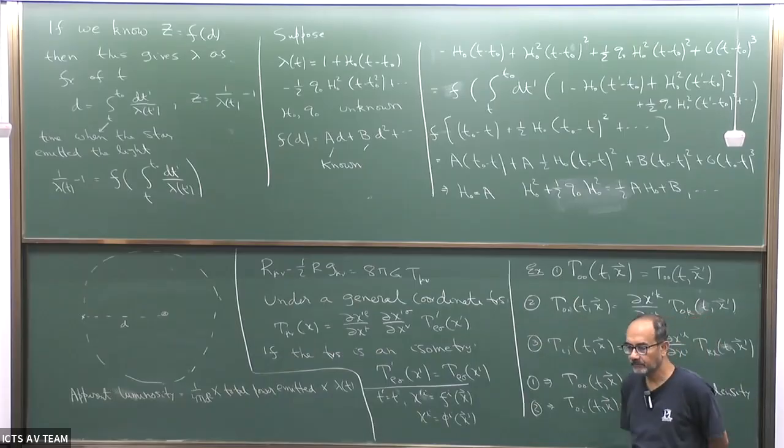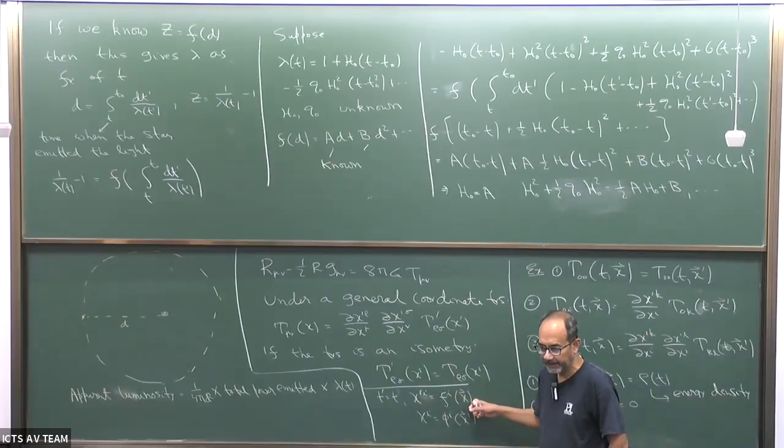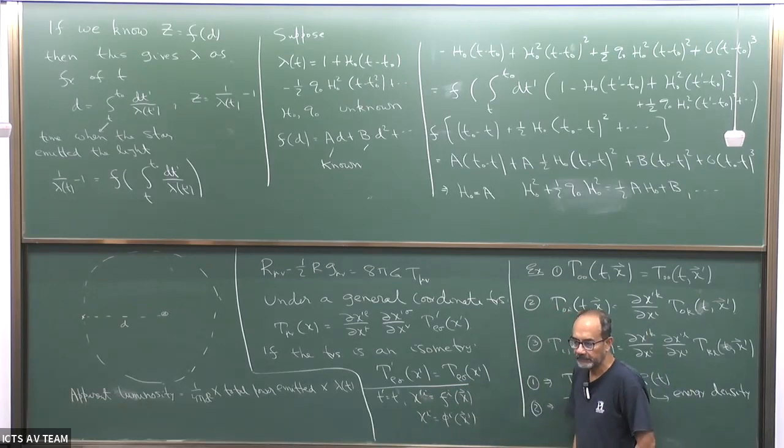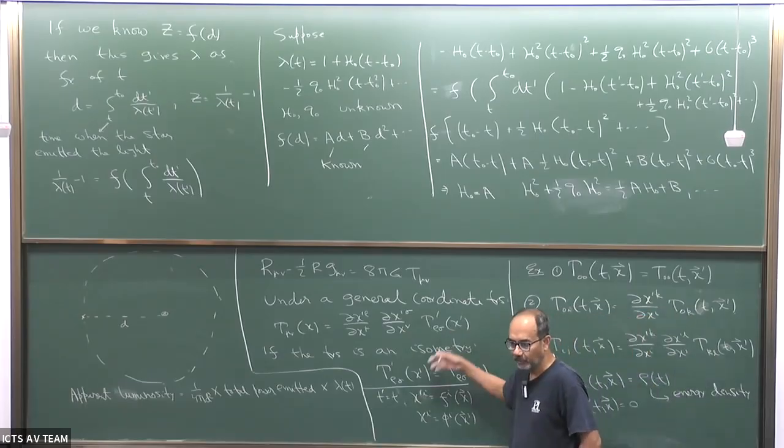Coordinate transformations that are isometries will be of this form. We are demanding that T mu should be the same under that transformation. Exactly. I mean, not every transformation of this kind is an isometry, but isometries are of this form. And you are just seeing how this equation translates when you take isometries of this form.